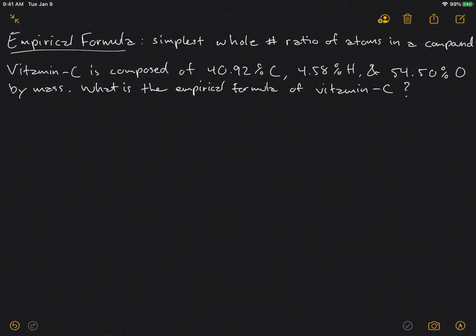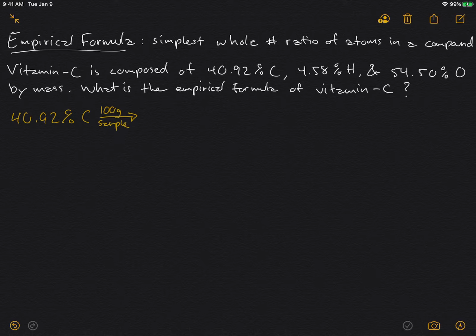So first thing we do is a little trick, that says basically if we had a sample that contained 100 grams of vitamin C, then these percentages would be the amount of grams of each atom in that sample. So we can just write the percentages as grams if we had a 100 gram sample.